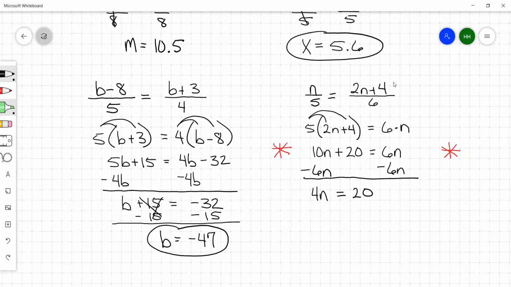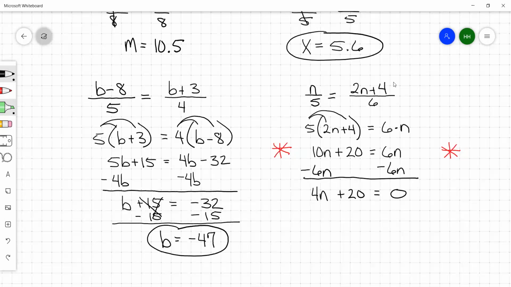Had I stuck to the rule of you always move the smaller, it should have looked like 10n minus 6n is 4n. The plus 20 comes down and it's equal to 0. And that's the one time you have to write the 0. Okay?